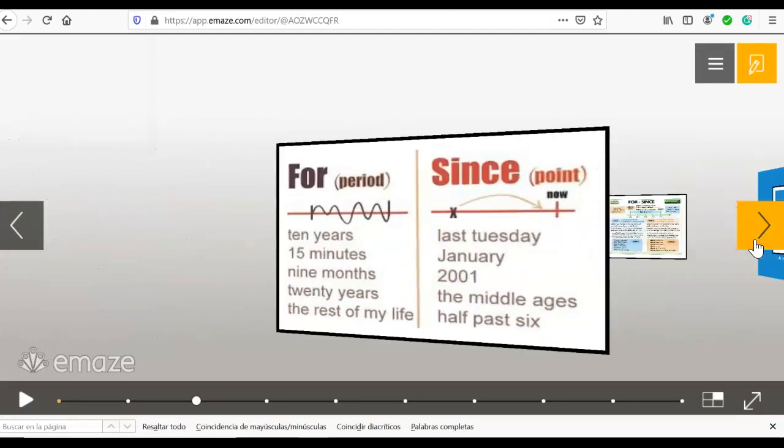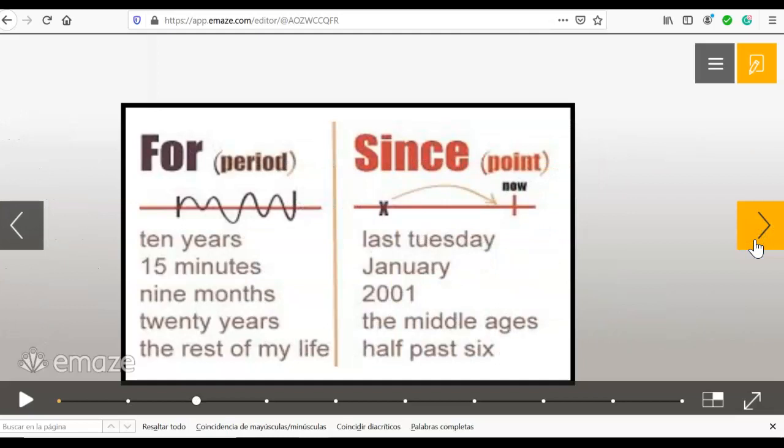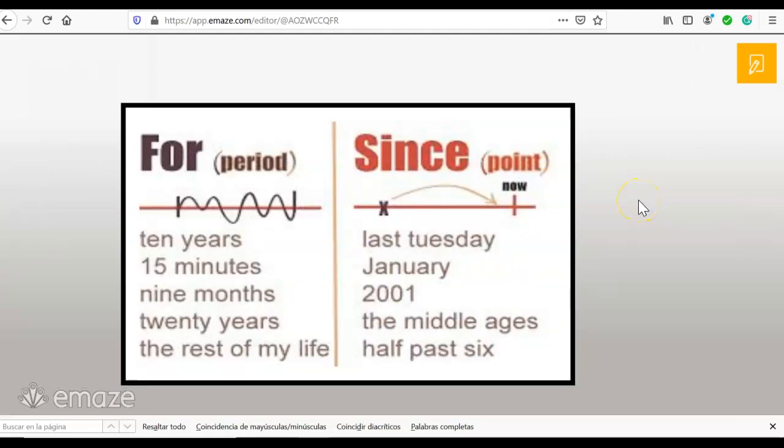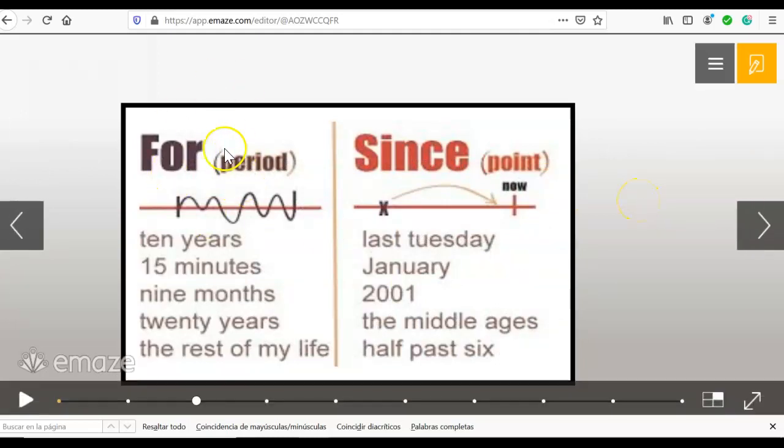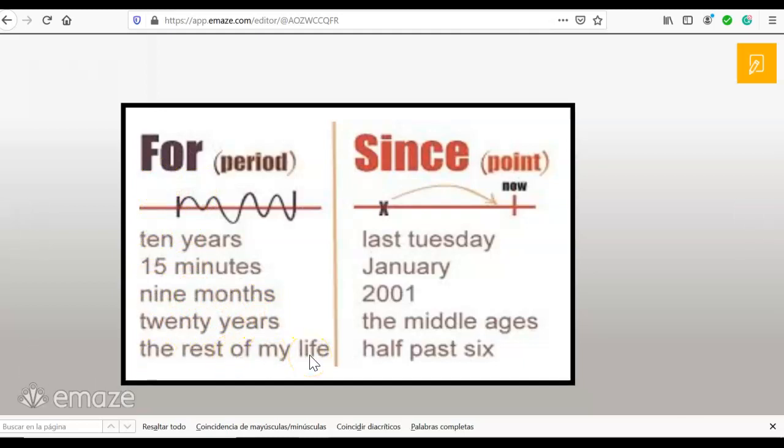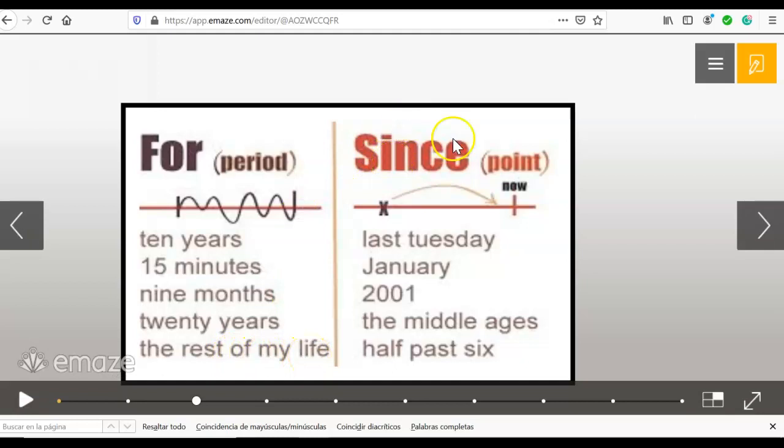Let's go and see some phrases that we can use with for and since. Here in this picture we have for. We use for a period of time: for 10 years, for 15 minutes, for 9 months, for 20 years, for the rest of my life. On the other hand, we have since.